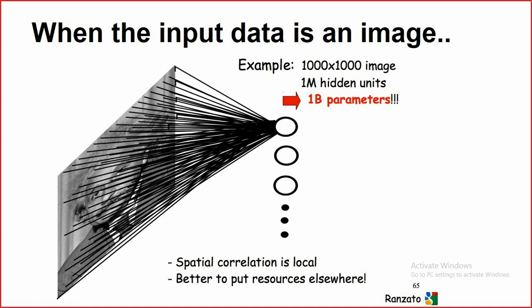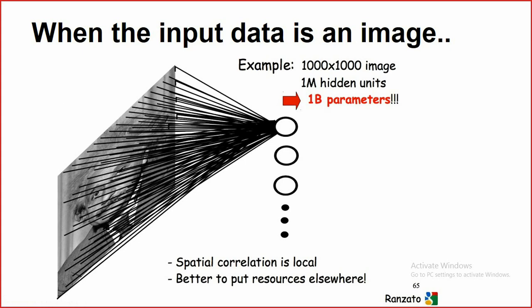Each of these units should be connected to 1000 by 1000 pixels, and we have here 1000 by 1000 weights, and all of them should be trained, all of them should be adjusted, and we should learn which value is most appropriate for them by offering some samples.